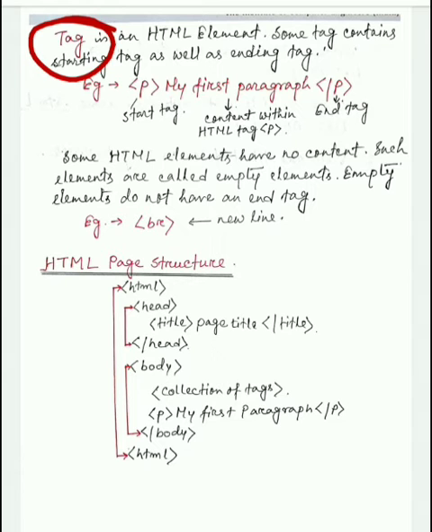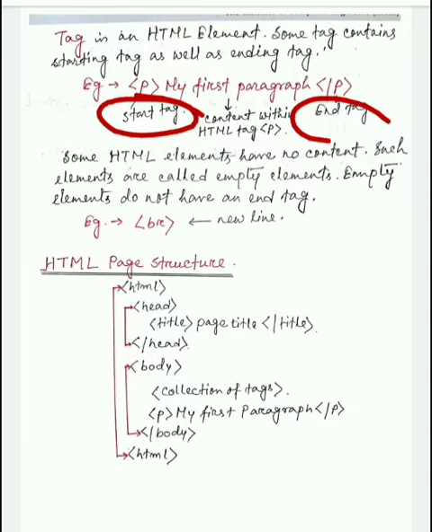A tag is an HTML element. There are two types of tags: one is the container tag and one is the empty tag. Container tag means that for every container tag there is a starting tag and an ending tag.